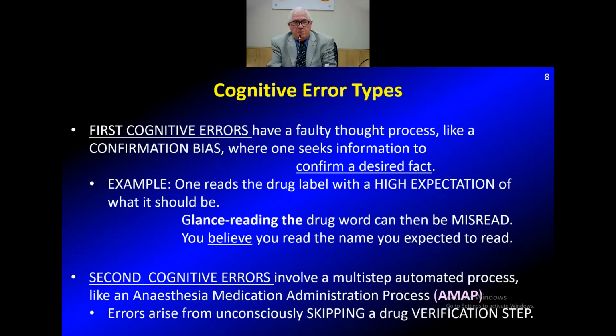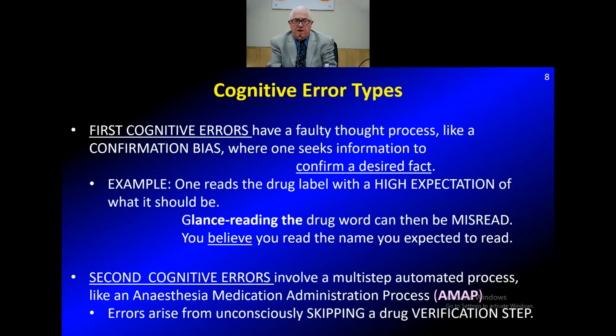Cognitive errors have been classified into two types, so-called first and second. First cognitive errors have a faulty thought process, like you are holding in your head a so-called confirmation bias. And this is where you're only seeking information to confirm a desired fact. Patients are very prone to this. An example for us is you read the drug label with a high expectation of what it should be.